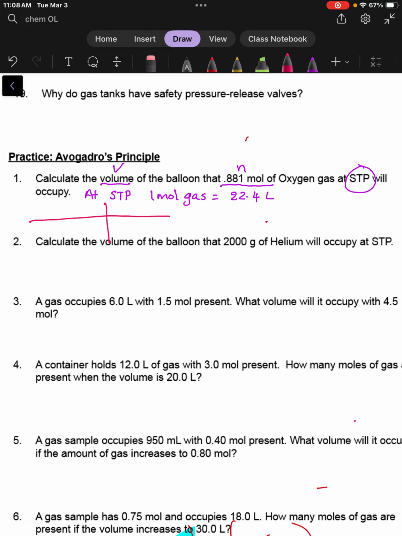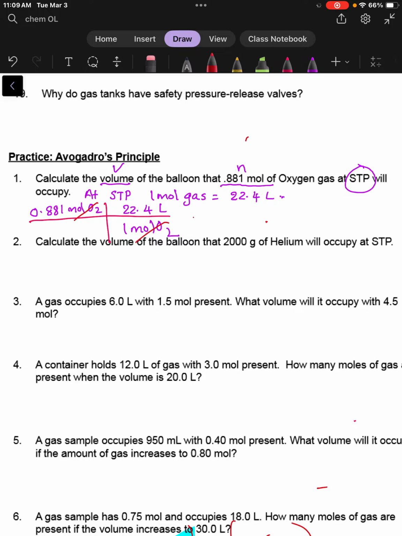So we are going to start the T chart from the given number, which is 0.881 moles of oxygen. Since it is moles of oxygen and it is asking for volume, we use the conversion factor: 1 mole of oxygen at STP is equal to 22.4 liters.